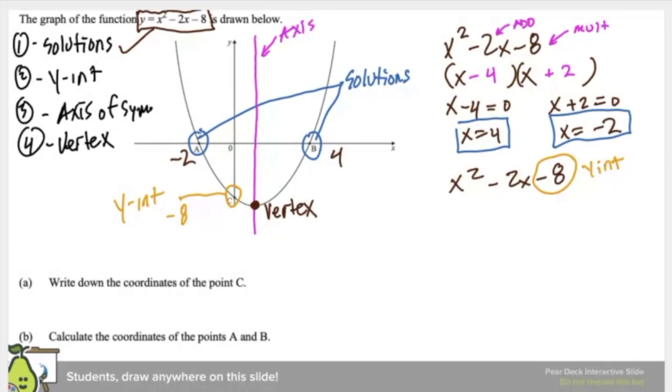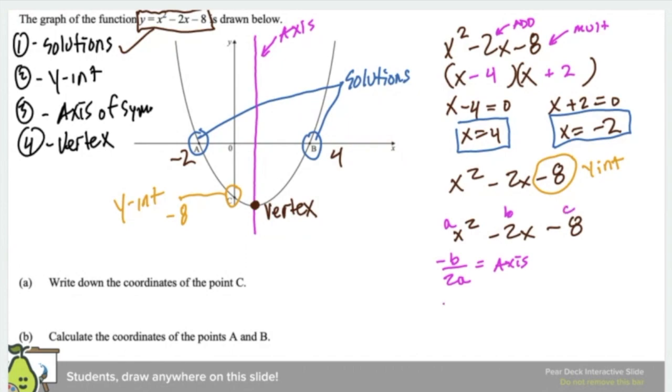The next thing, axis of symmetry. Again, I'm given this equation. I'll write it one more time: x squared minus 2x minus 8. And last class we talked about something like this. Negative b over 2a gives you your axis of symmetry, where your a is here, your b is here, this is your c.